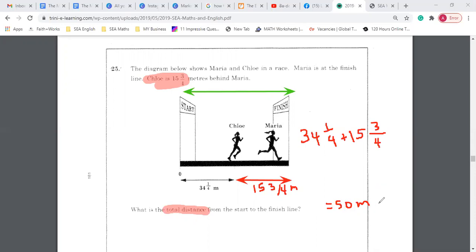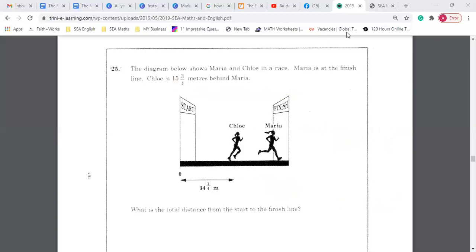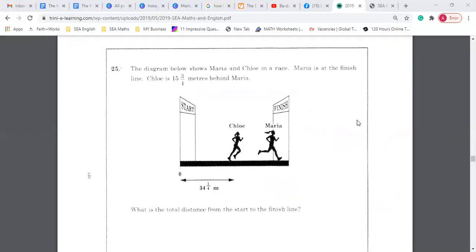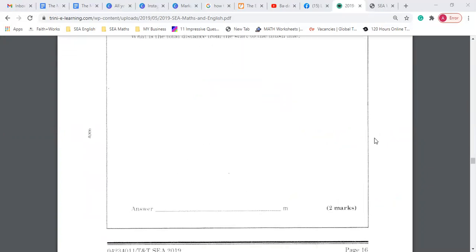Khadija, what do you have? 50. All right, good. That's correct. Excellent. All you have to do is sit down, look at the question, look at what it's asking, look at the clues that they give you, and break it down and try and solve it. That was an easy 2 marks right there.